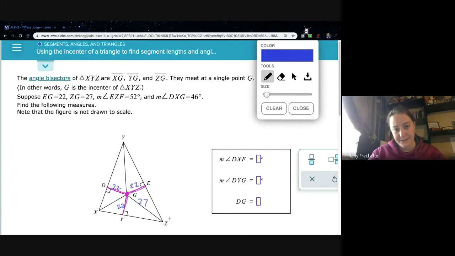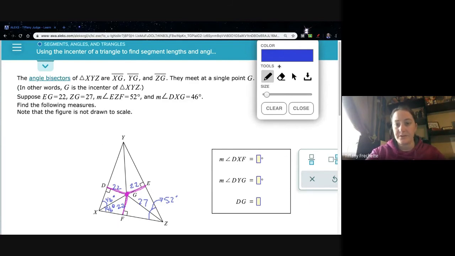Angle EZF, so this whole angle here, is 52 degrees. And then they also give us DXE, so just this half here. They told us it was 46 degrees. Remember, if I know this half is 46, I know this half is also 46. I can just go ahead and fill that in. There's no reason not to fill it in because we're probably going to end up using it.